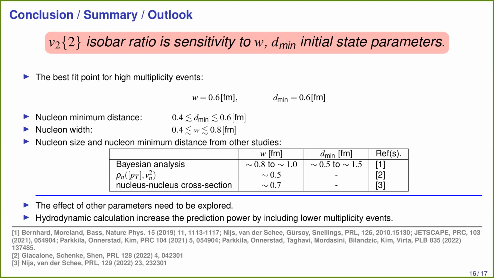So we have to explore more parameters to see if it has an effect. Of course, hydrodynamic calculations are needed. In order to increase the power, because we lost lots of bins in the lower centralities, even if we just trust the hydrodynamic linear response.